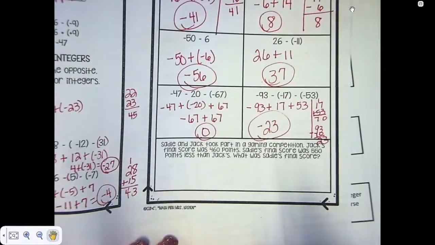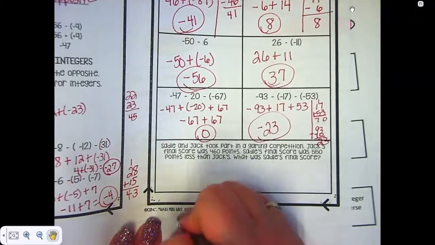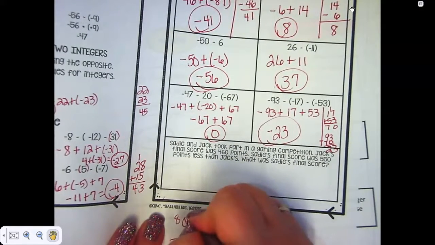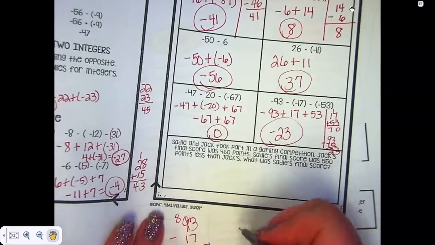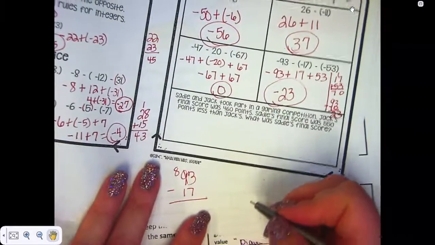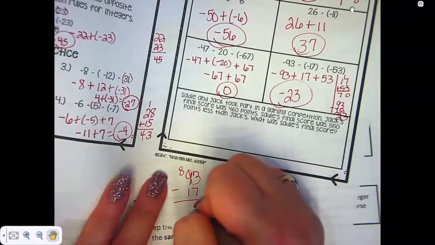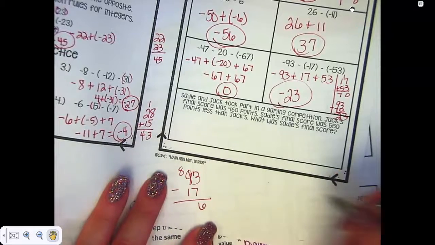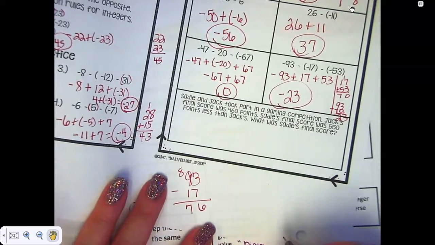Let's see what that looks like the other way. If I did 93 minus 17, I could borrow. 13 minus 7 is... What's 13 minus 7? 8 minus 1 is 76.